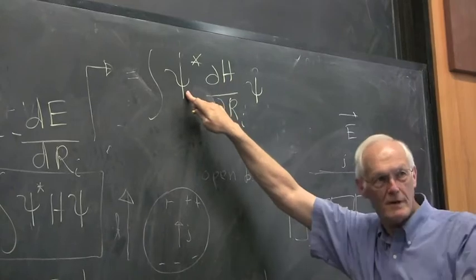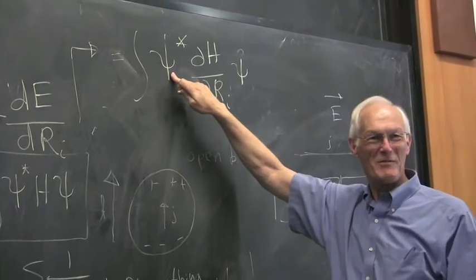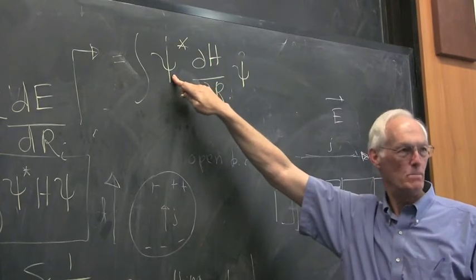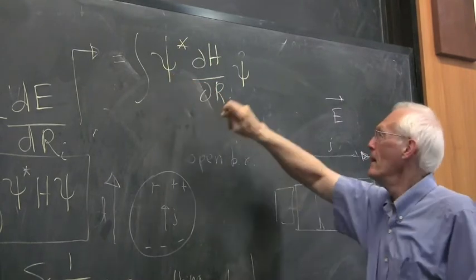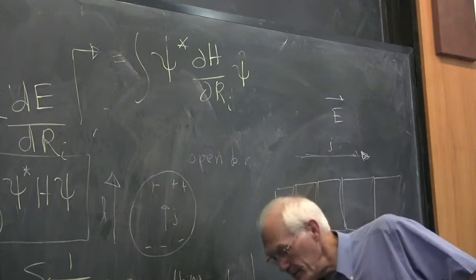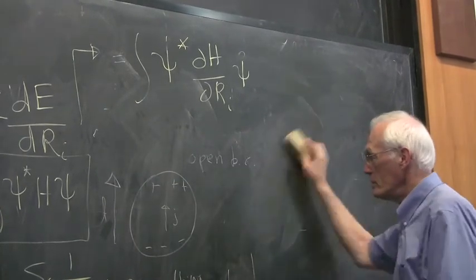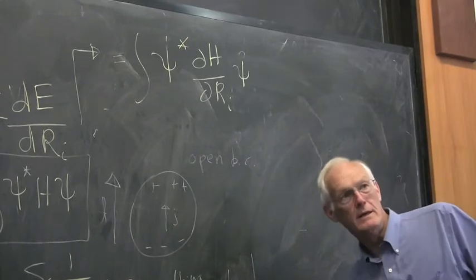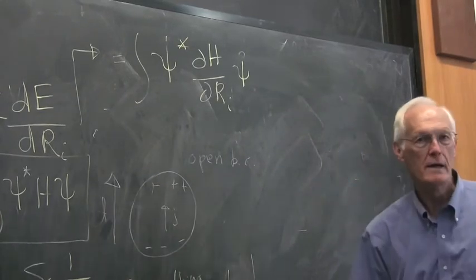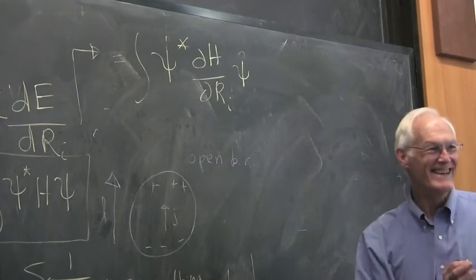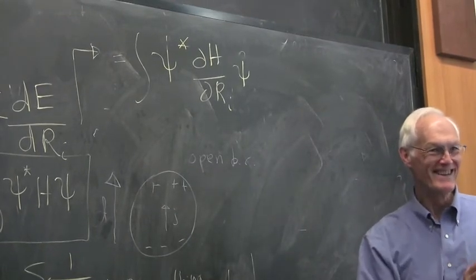Even though you know the system changed a lot when you move a nucleus, you ignore it. Now, is it obvious why that should be true? Maybe it is if you've done it. Probably not if you haven't done it.